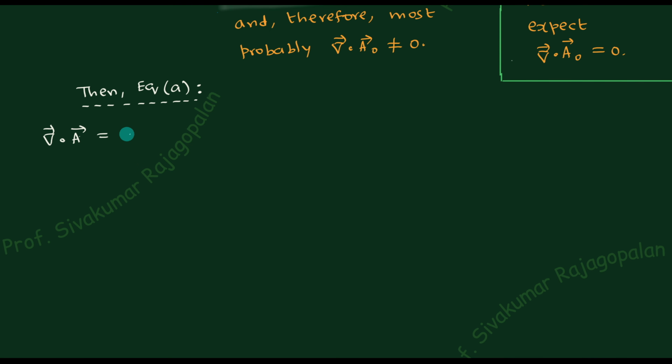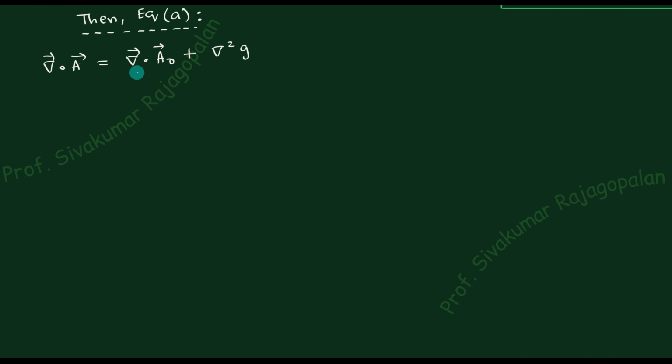You have the divergence of A equal to the divergence of A naught plus the del square operator operating on some kind of scalar function, and in this equation, our conclusion or interpretation is that we are going to assume that the divergence of A naught may not be equal to 0, which means basically we don't know what its value is. That is one point.